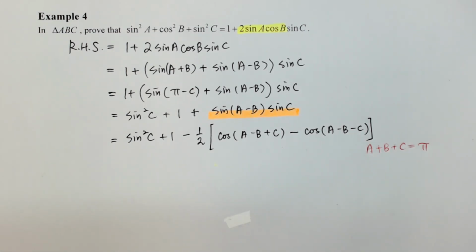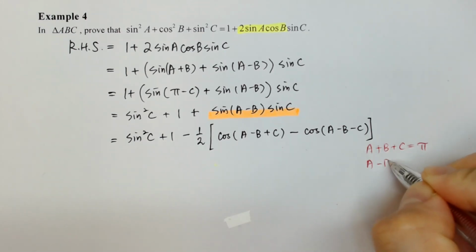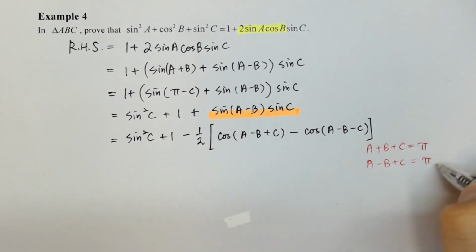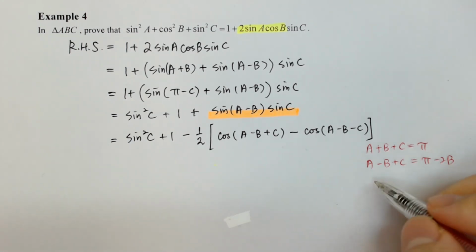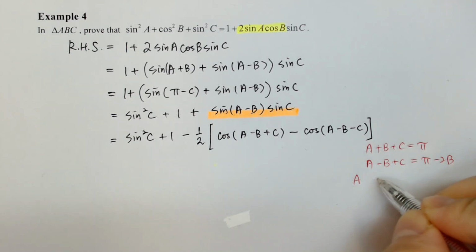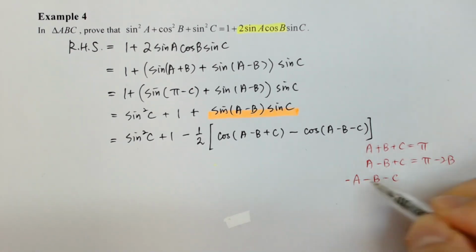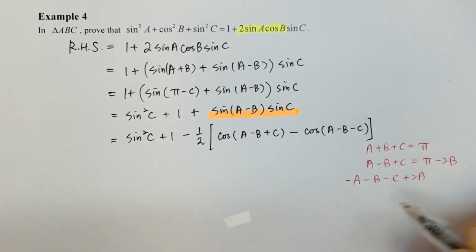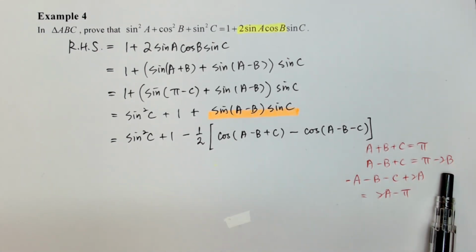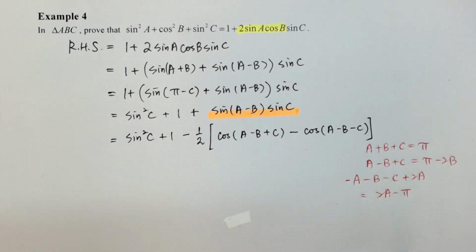And then you can form A minus B plus C as pi minus 2B, and form A minus B minus C as minus A plus 2A, which is 2A minus pi. So actually for these two cosines, we can rewrite them related to 2B, 2A, and pi.